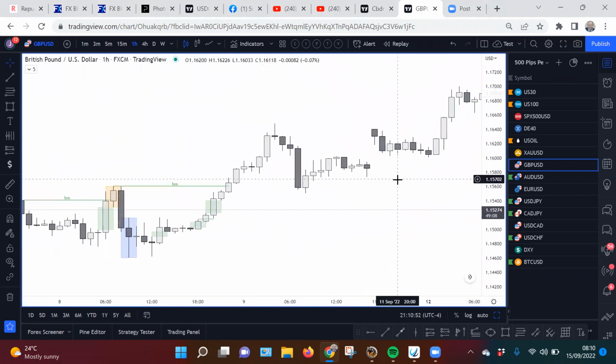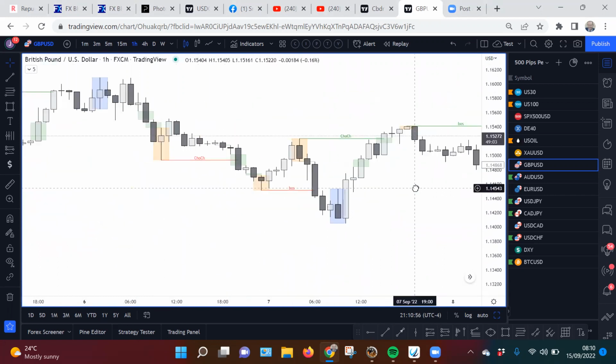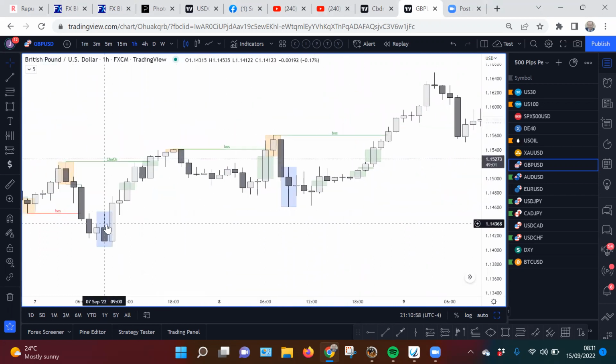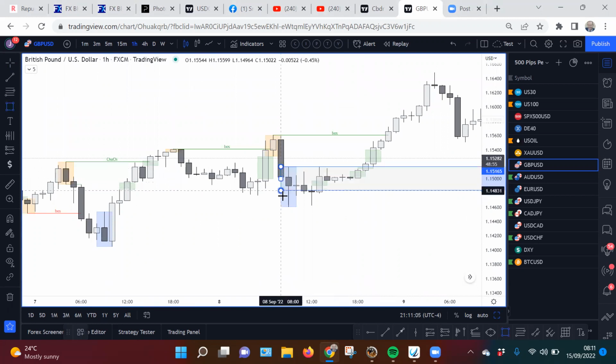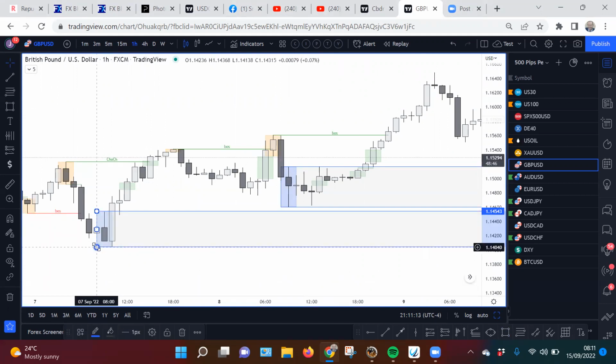We go all the way down till we get to a couple of, say, bottoms, either this one or this one. So all I'm going to do is mark up that zone there, and mark up that zone there, without being too technical.